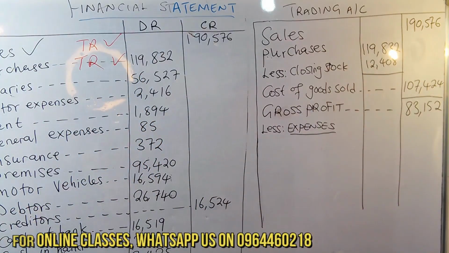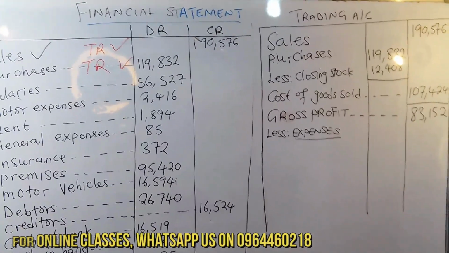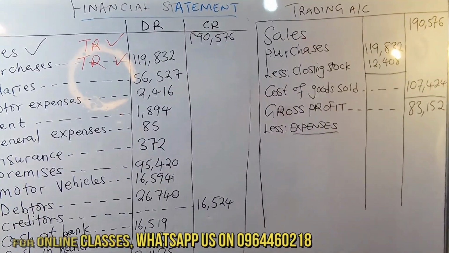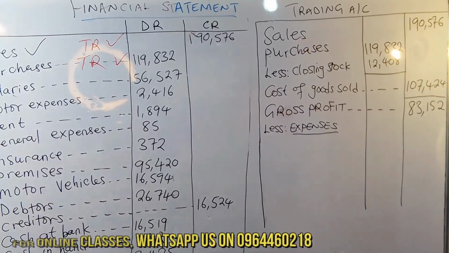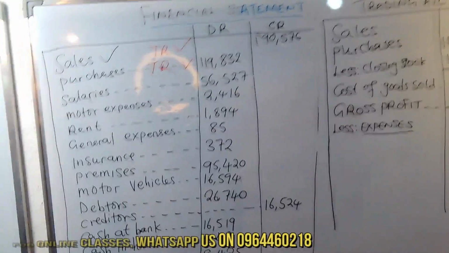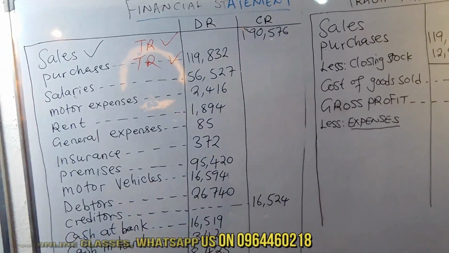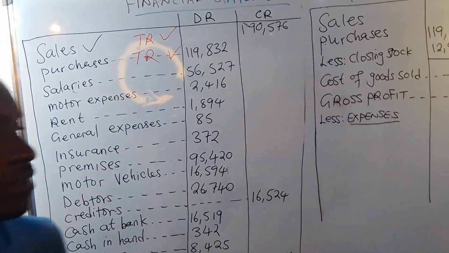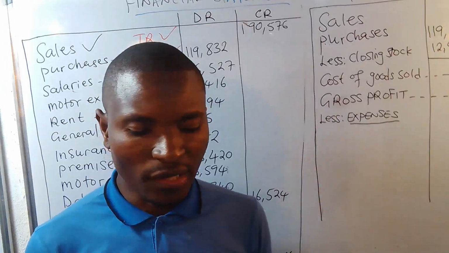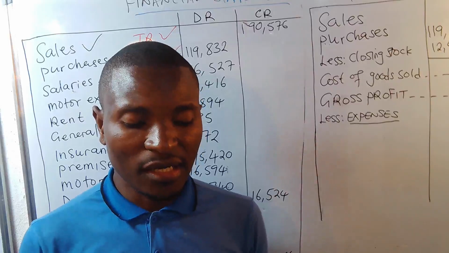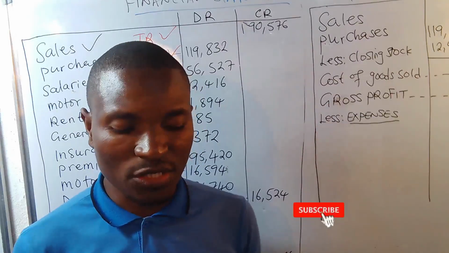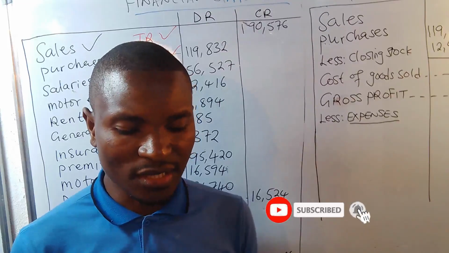So when you look at what expenses we have, the salaries, motor expenses, rent, insurance, general expenses, as well as just those.